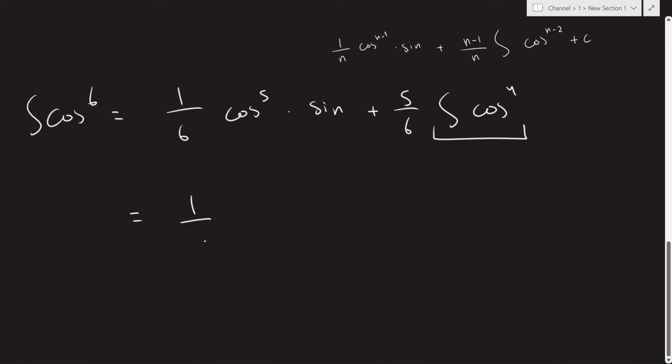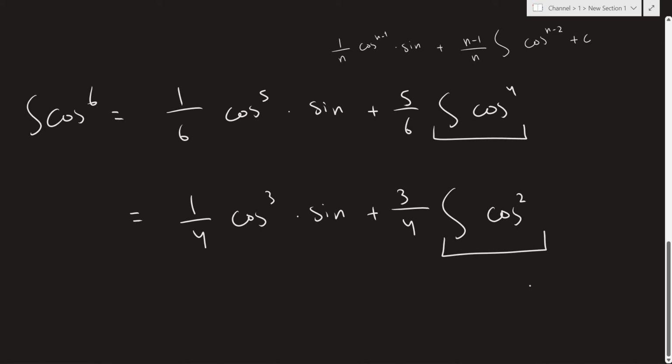So it's equal to 1 over 4 cosine 4 minus 1, which is 3, times sine, plus n minus 1, which is 4 minus 1, 3 over 4, integration of cosine n minus 2, which is 2. Again, we have an integration of cosine squared. So this time n is equal to 2.